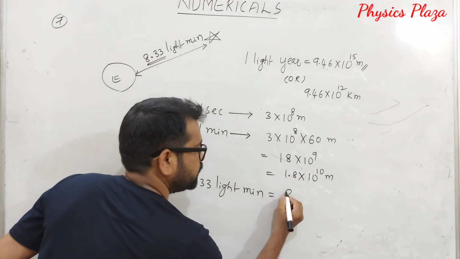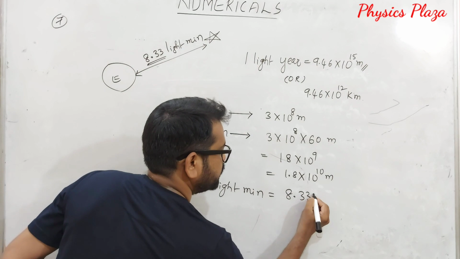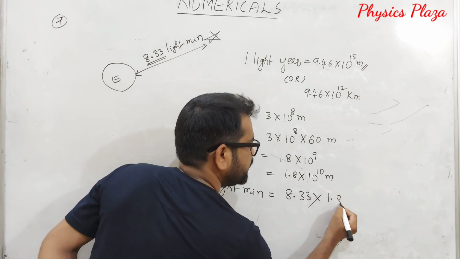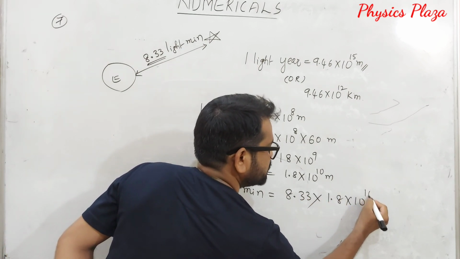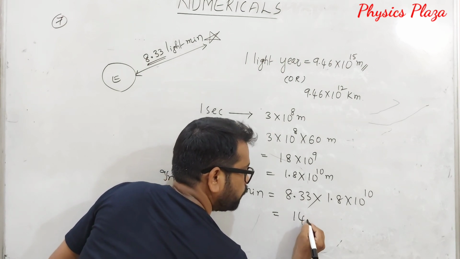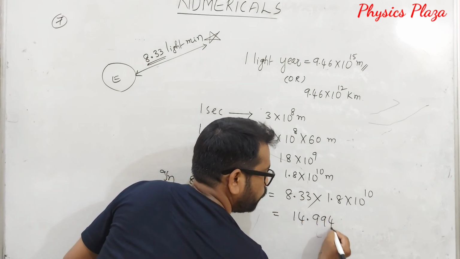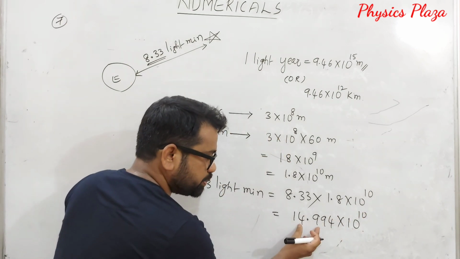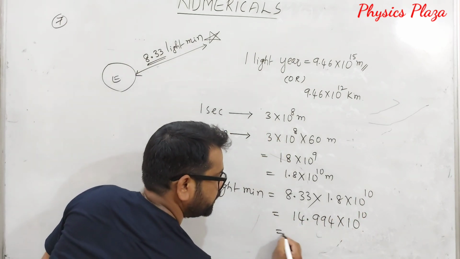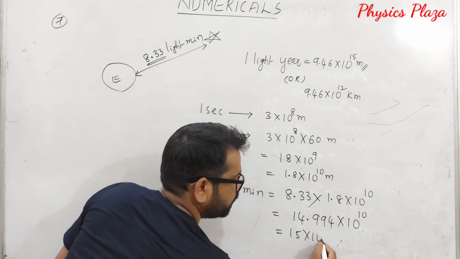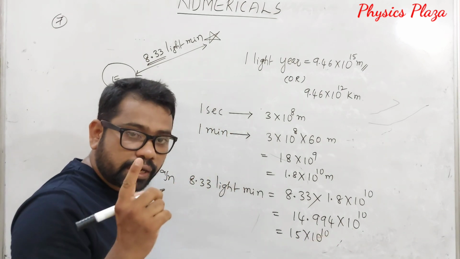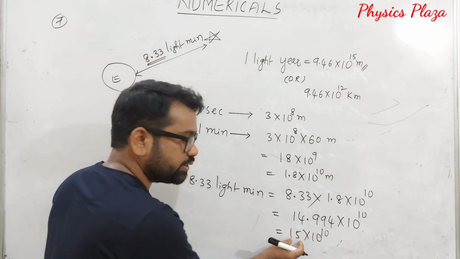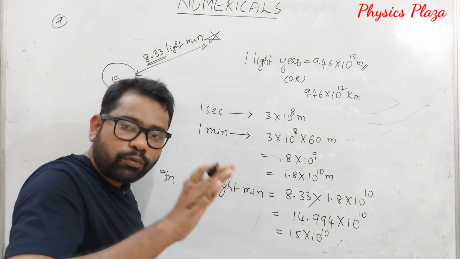So now let us see here. 8.33 into 1.8 into 10 to the power of 10. You will get 14.994 into 10 power 10. Approximately we can round it to 15, so it is 15 into 10 power 10. But according to order of magnitude, this should be written such that the number lies between 1 and 10.